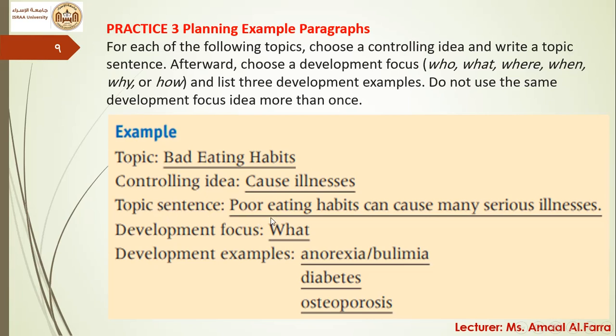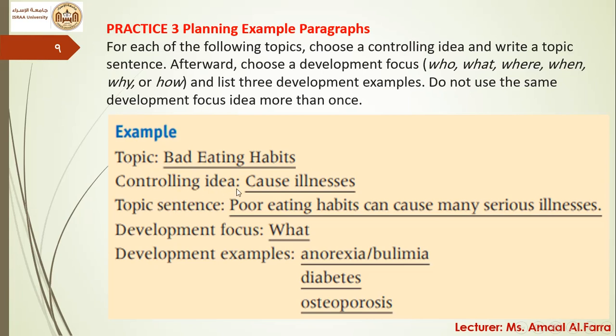So in each lecture you will see an example of an outline of analyzing a paragraph. Please study them well in order to know how to form a controlling idea and a topic, and connect them together to be a topic sentence for your paragraph. Here, again, the topic is bad eating habits.